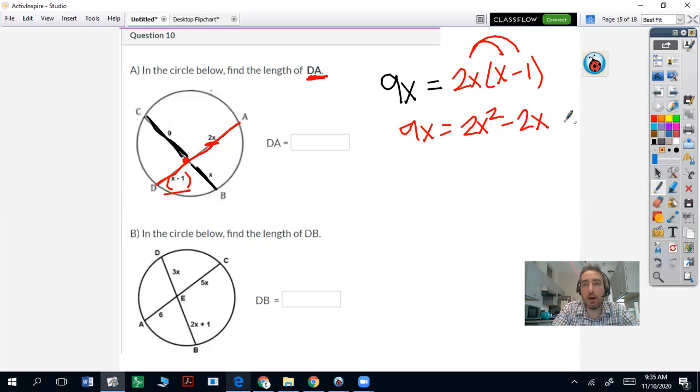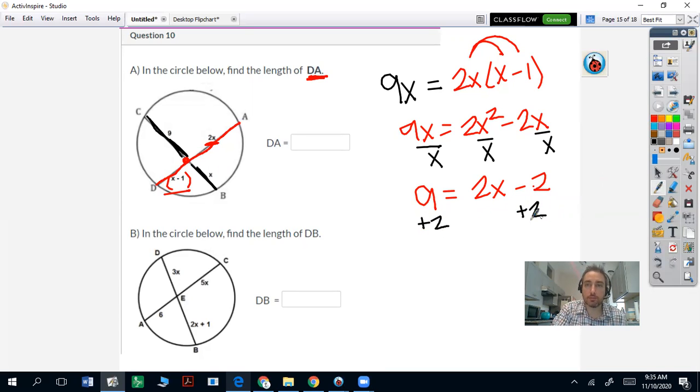Now in these problems, they all have an x in them, so I'm going to divide that x out and get rid of the quadratic portion of this. So this is going to become 9 equals 2x minus 2. And we can add 2, which is 11. And then we can divide by 2 to get x. So 11 divided by 2 is going to be 5.5. X will be 5.5.